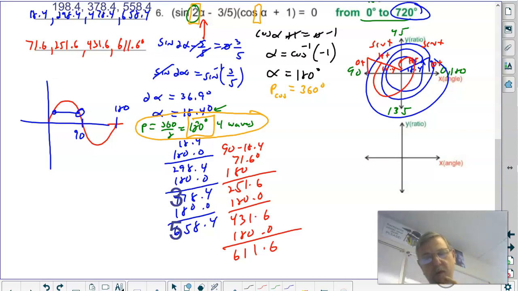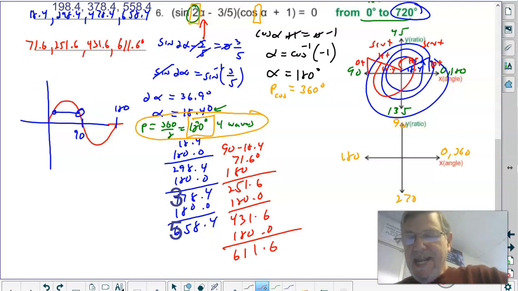So be careful. Now, the radial view is tougher on this one. But let me set this up. 0, 360, halfway 180, 90, 270, and we got 180. Because we have a cosine of -1, we have to have the adjacent equaling the hypotenuse.